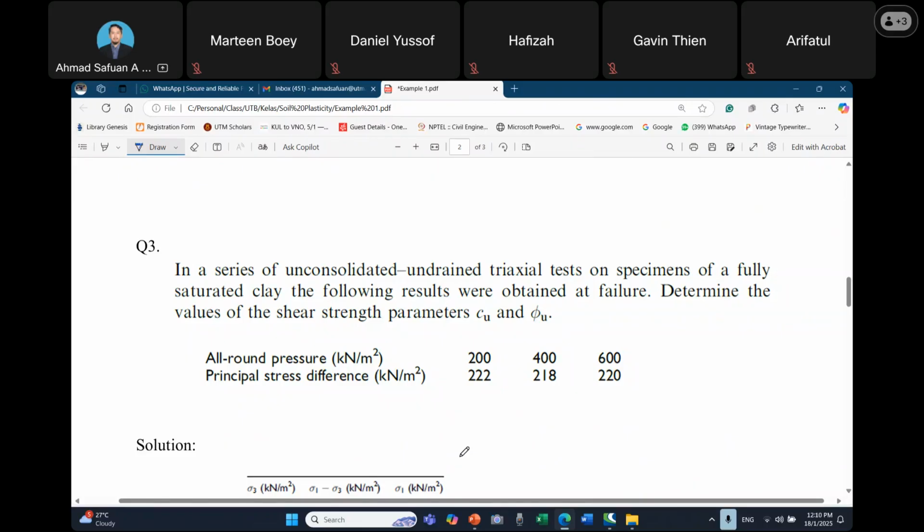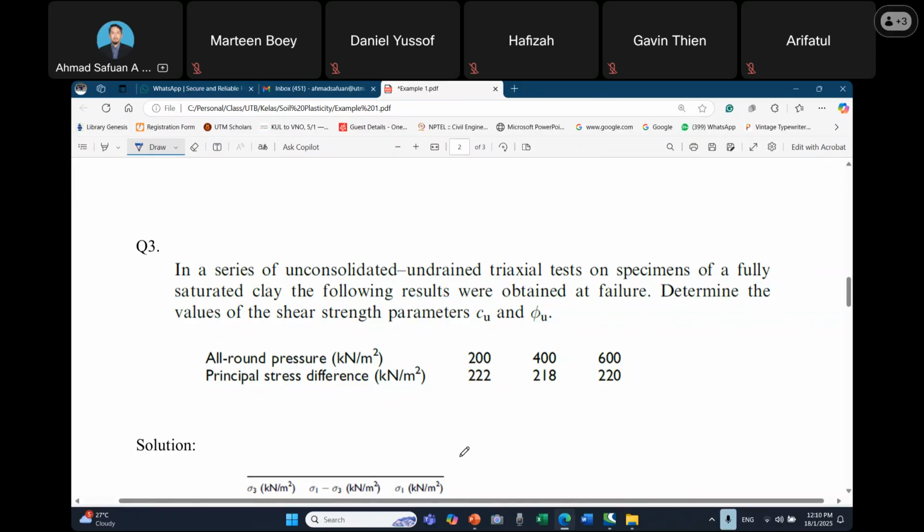In a series of unconsolidated undrained triaxial tests on specimens of a fully saturated clay, the following results were obtained at failure. Determine the values of the shear strength parameters CU and phi U. The same approach applies.